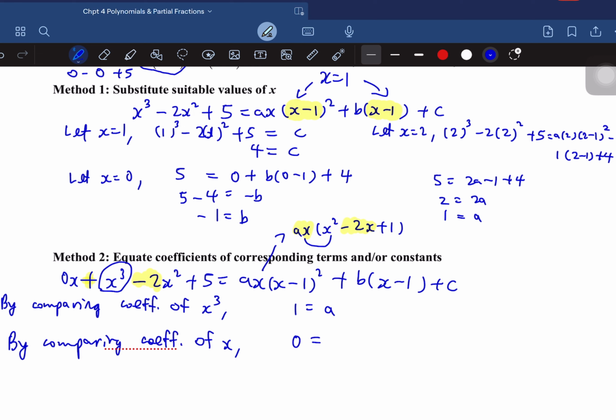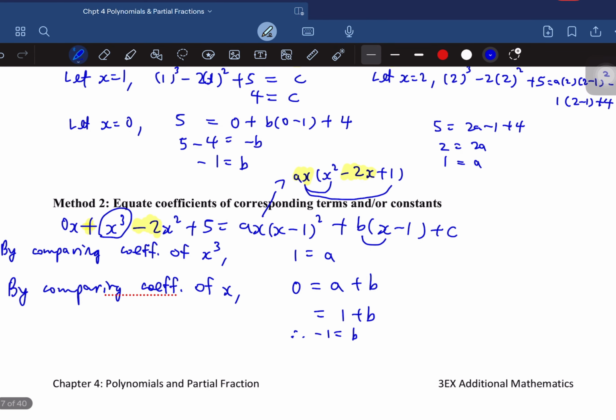On my right hand side, how many x terms are there? I have ax times 1, so it's plus a. Then I have b times x, so plus b. I already have my a value in the previous step, 0 equals 1 plus b, so therefore negative 1 equals b. So we are done with b.